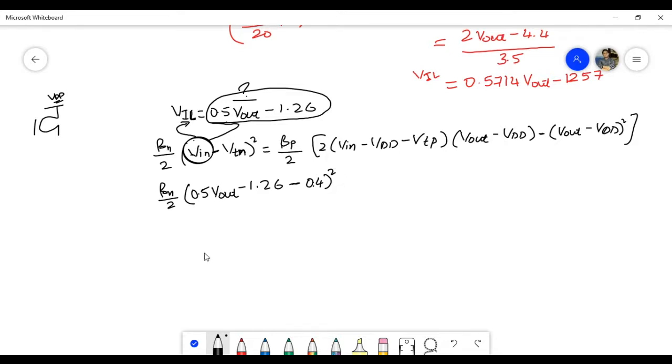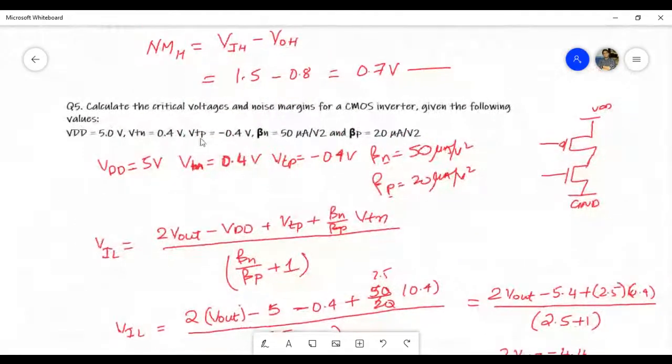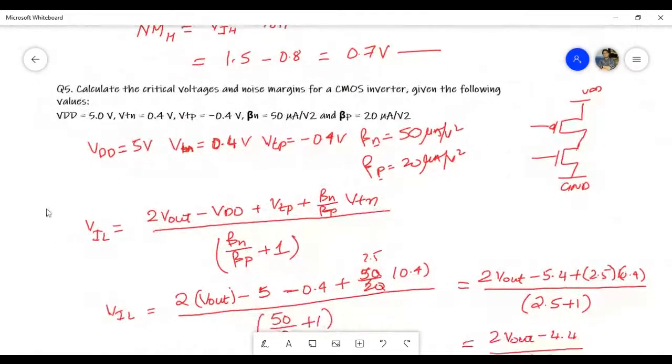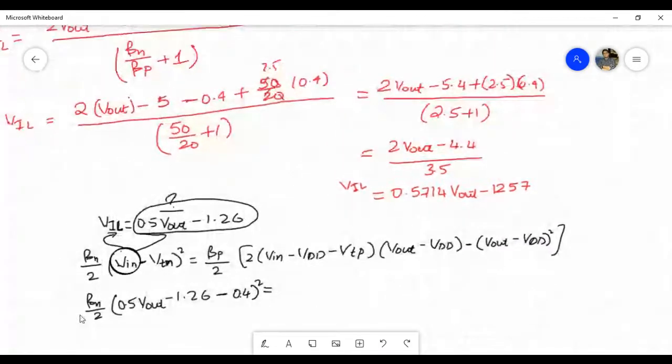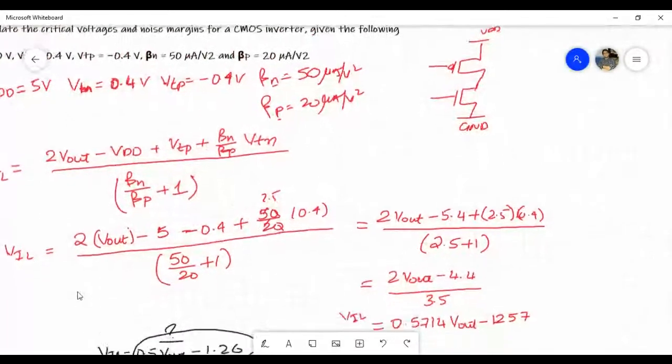Let me show you. So Vtn is 0.4 volt, okay. Is equal to beta P. Okay, beta n, I can write beta n also. So how much is beta n here? Beta n is given as 50.